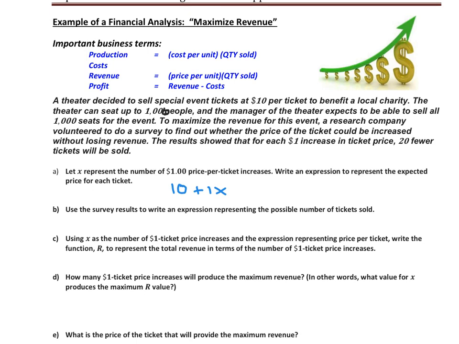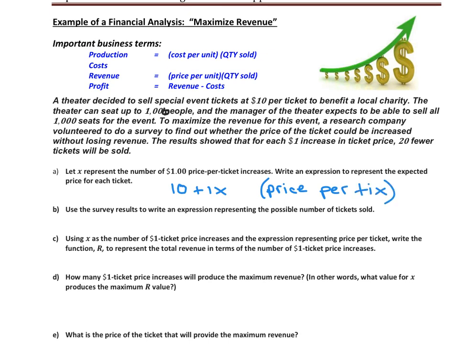If we're going to increase it by $1, then you would plug in 1 for X, and the new ticket price is $11, etc. So this is price per ticket.